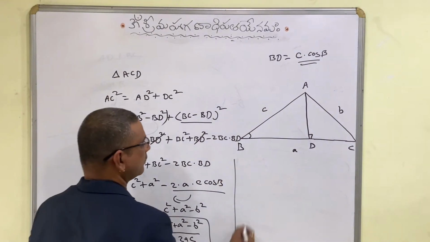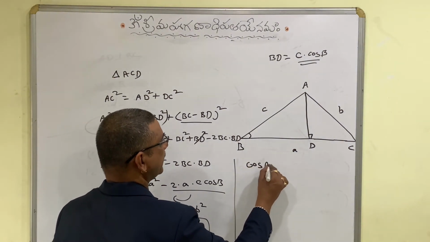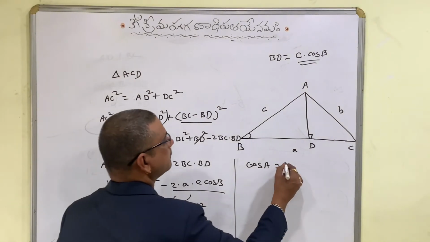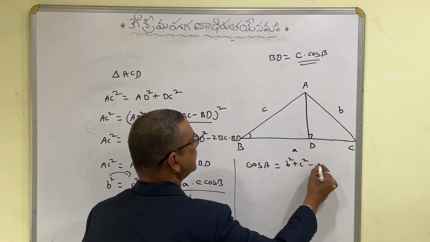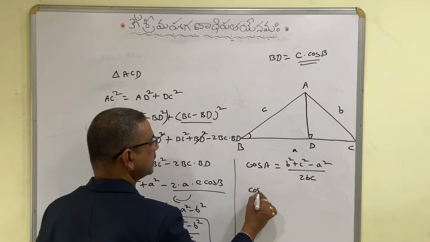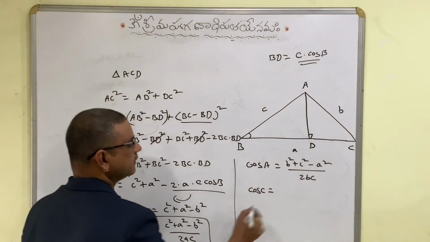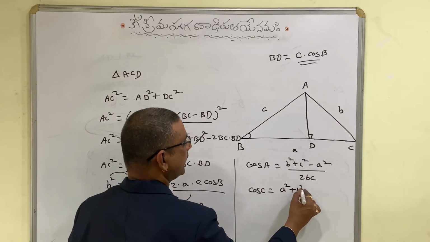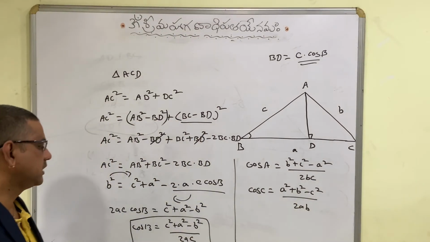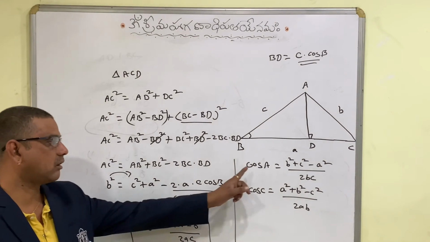So how can we find cos A from this? Cos A is (B square plus C square minus A square) by 2BC. And cos C is (A square plus B square minus C square) by 2AB. So these are the three cos rules.